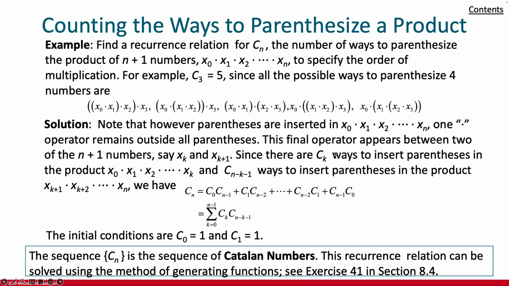Since there are C sub k ways to insert parentheses in the first product, and C sub n minus k minus 1 ways to insert the parentheses in the second product, then we can get this kind of relationship. The initial conditions can be set up where C sub 0 is equal to 1 and C sub 1 equals 1. And so the sequence C sub n is a sequence of Catalan numbers.